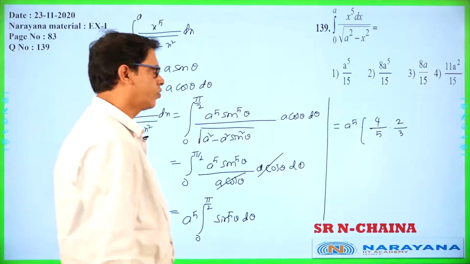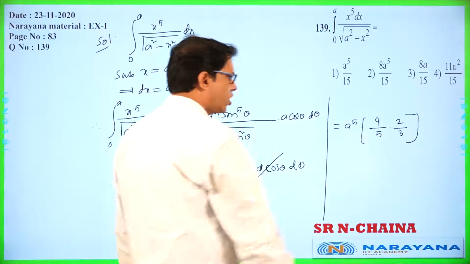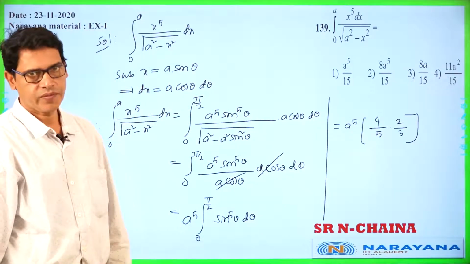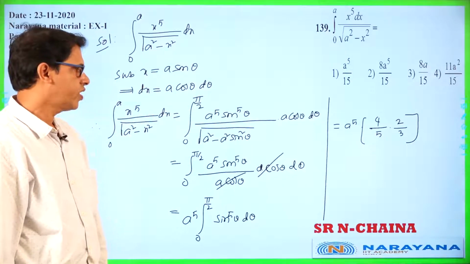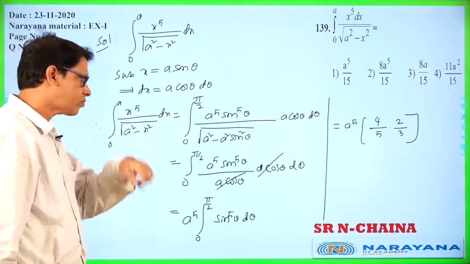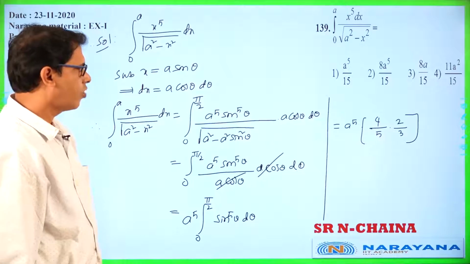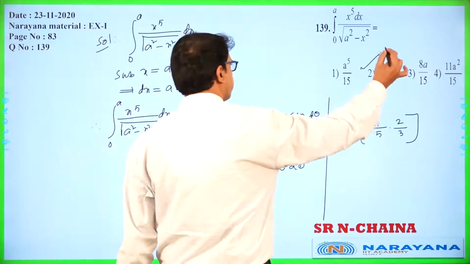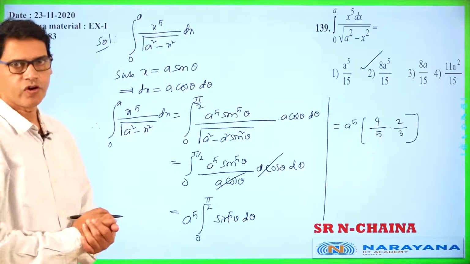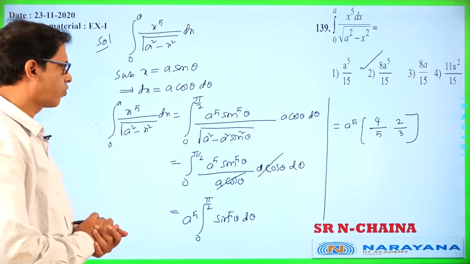So stop here because it is odd. The last will be 2 by 3. What is the answer? 8 a to the power 5 upon 15. Reduction formula.